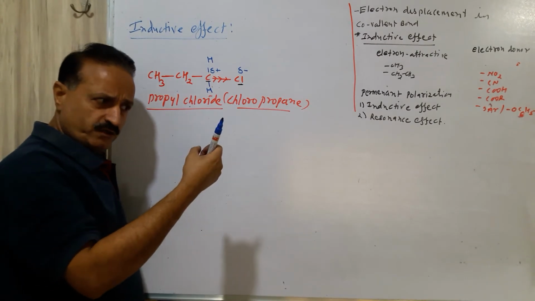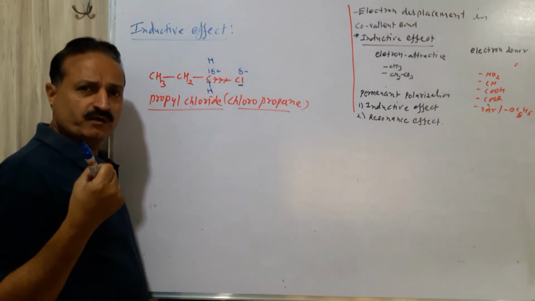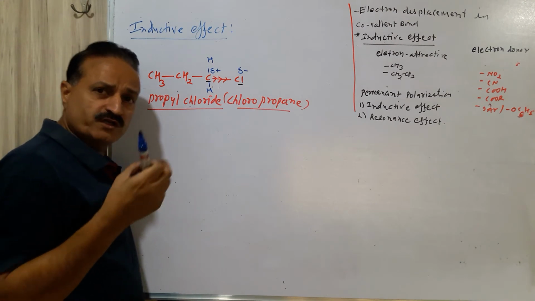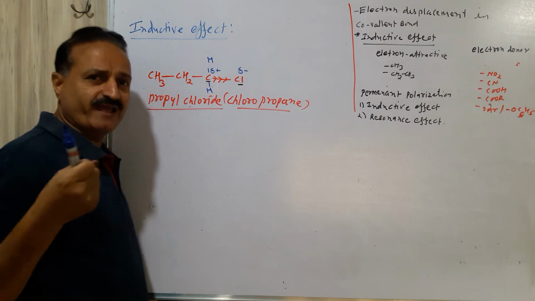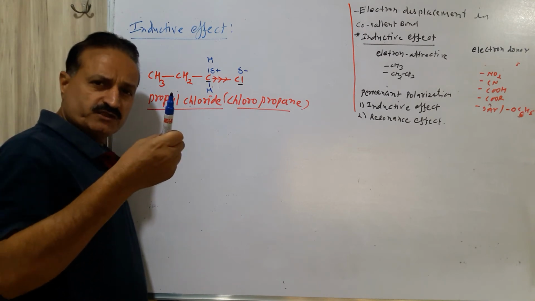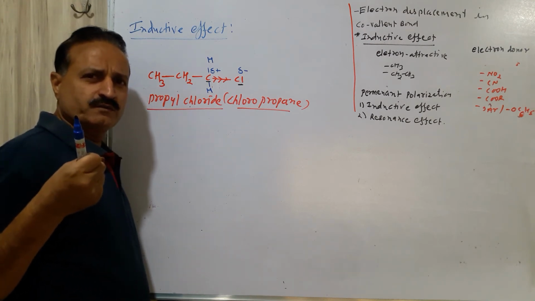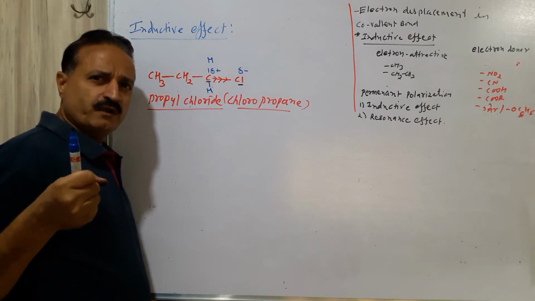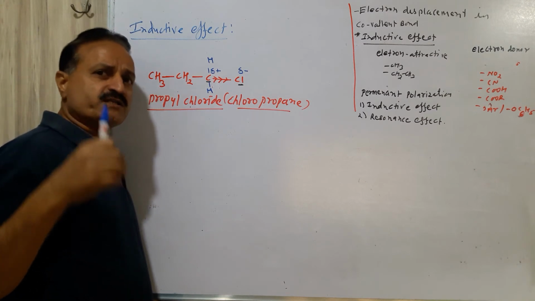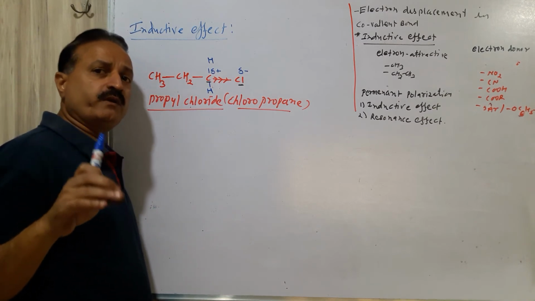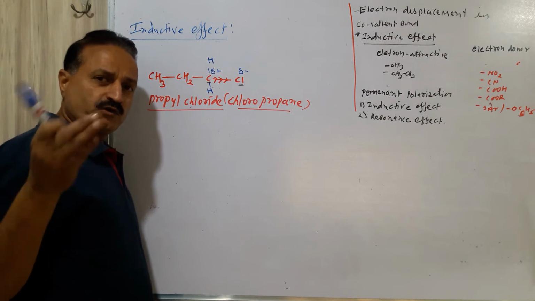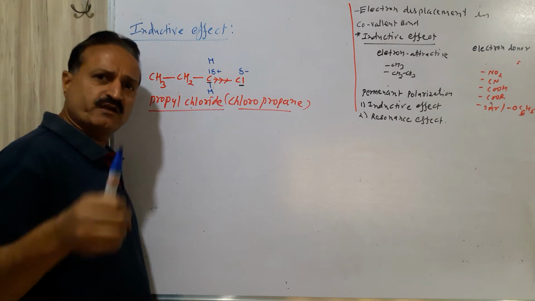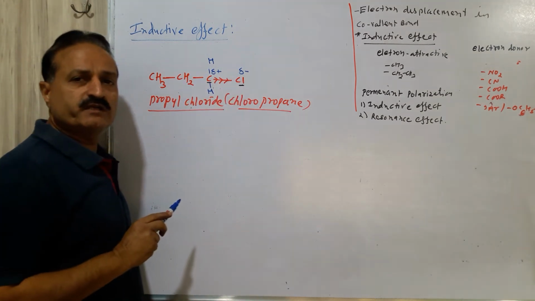Chlorine is not taking the electron, it is just dragging, just pulling the electron. If chlorine were taking the electron of carbon, then chlorine would be fully negative. But chlorine is only dragging the electron of carbon, so it is not total minus, it is partial minus, which means delta minus.